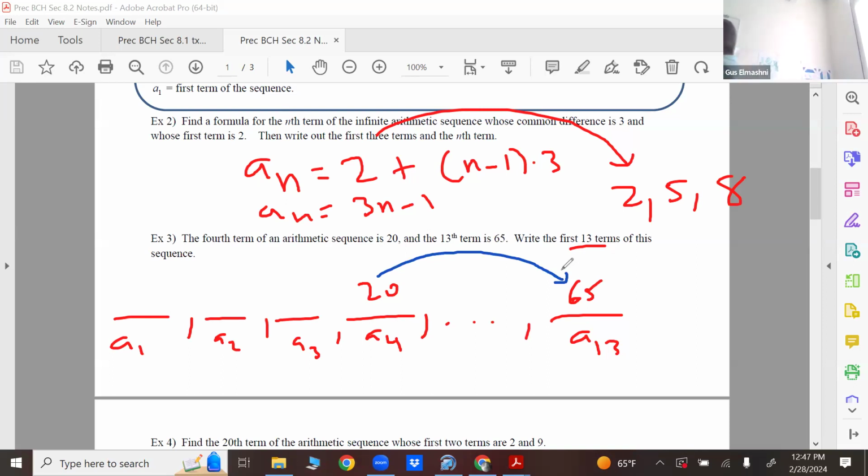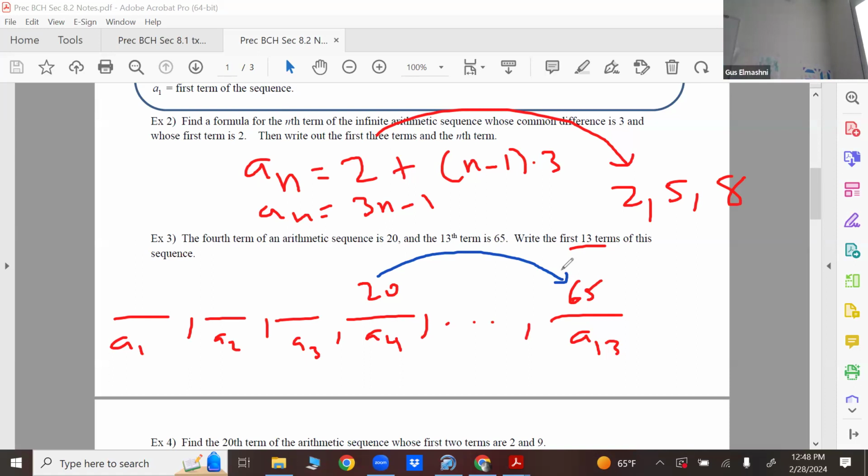To get from 20 to 65, what's the difference between these two numbers? 45. How many times do I have to apply the common difference to get from A4 to A13? 9 times, because if you have A4, so 1, 2, 3, 4, 5, 6, 7, 8, 9. So I gotta do it 9 times.